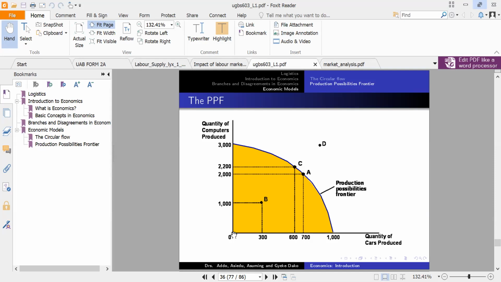However, if they use all the resources to produce computers, then the maximum they can produce is 3,000. If you connect these two points, that will give you the frontier. So the economy has to operate on the frontier, what is possible. Operating on the frontier means that you are very efficient. It's very difficult to operate beyond your possibility.